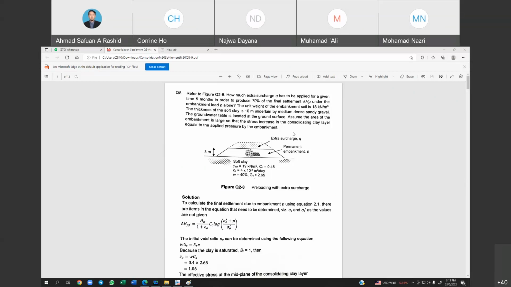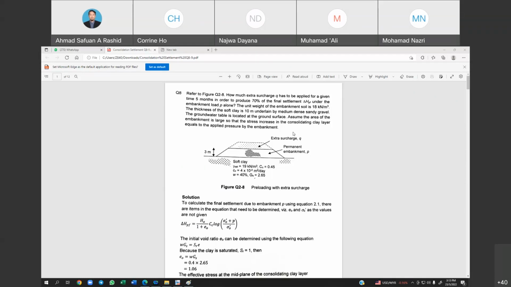The unit weight of the embankment is 18 kilonewton per meter cube. The thickness of the clay layer is 10 meter, underlain by medium dense sandy gravel. The groundwater table is located at the ground surface.